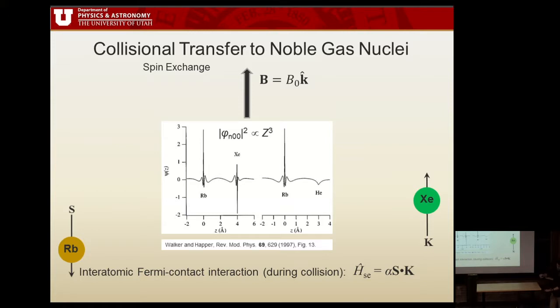And so it goes in a little further, and a little further. And so you end up in a situation with xenon, where you've got a ton of electrons, 54 of them, that for an interatomic distance of 4 angstroms, the density at the nucleus of the rubidium atom itself, its own hyperfine coupling, is just as big as at the nucleus of the xenon atom that it's colliding with.